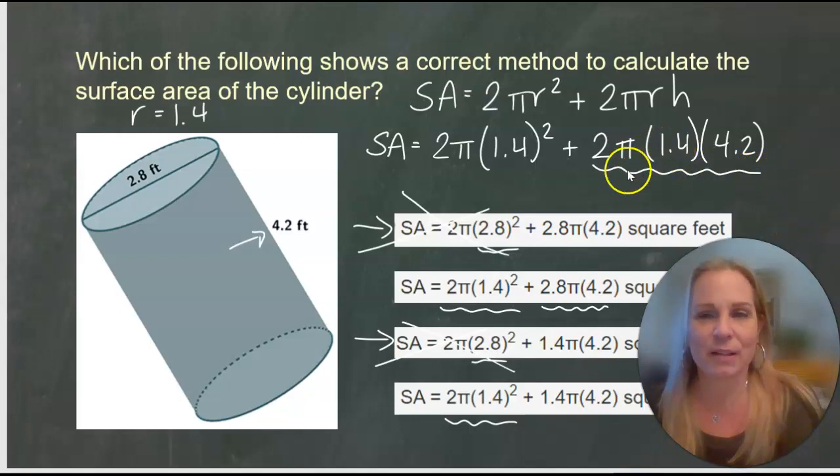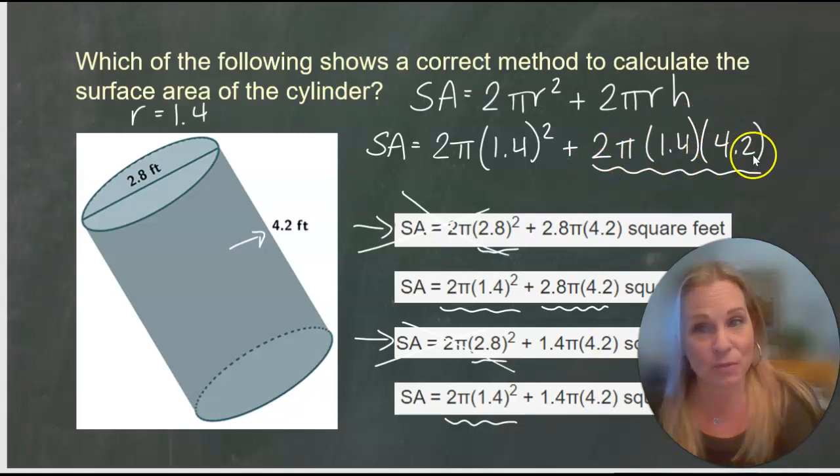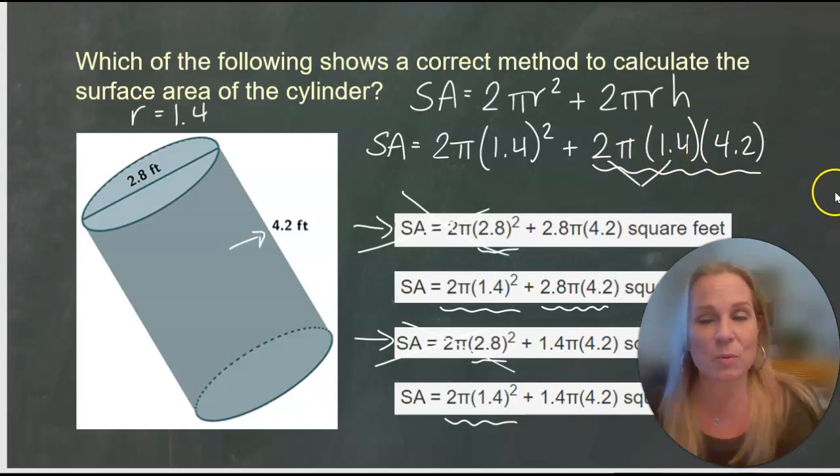But take another look at our numbers. We have 2 times 1.4 times 4.2, right? So think about when you multiply 2 times 1.4. Yeah, I think you see it now, right? That's 2.8. So that's where this 2.8 comes from.